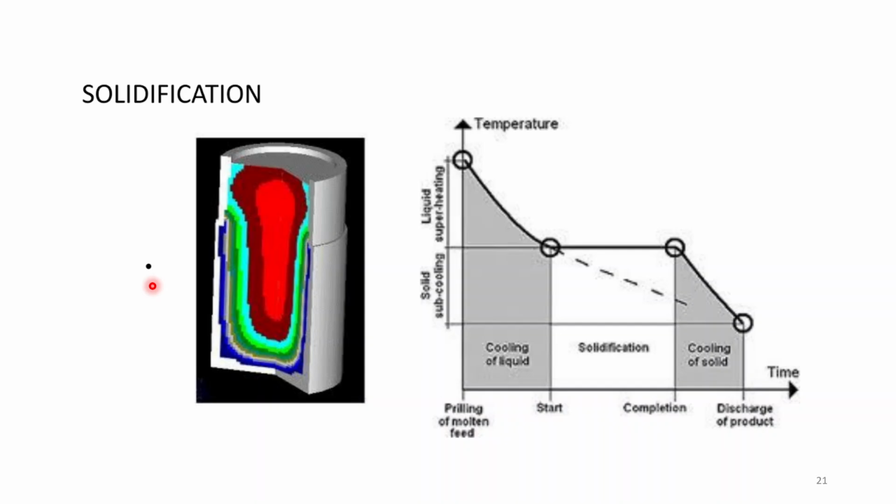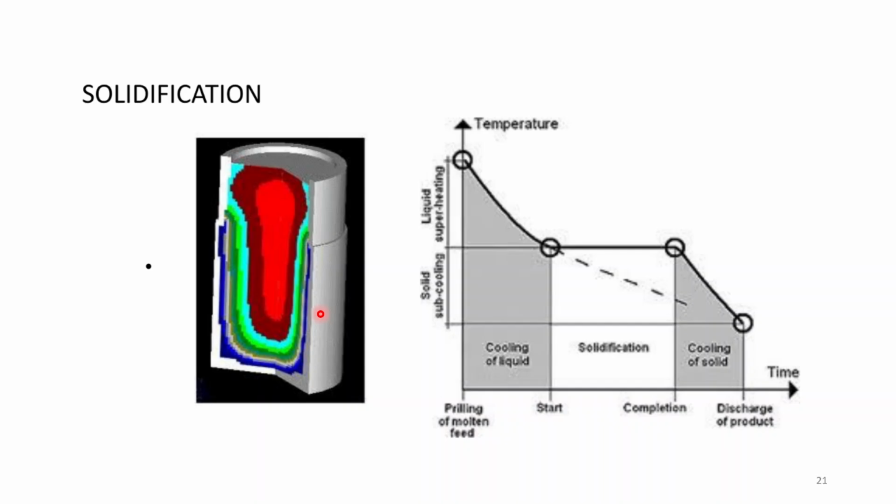Okay, so solidification starts from the walls of the mold. Firstly it will start from the walls because those are the coldest part. Then the solidification will move inwards. From here also you can see this is the cooling curve, showing how your temperature will change with time.